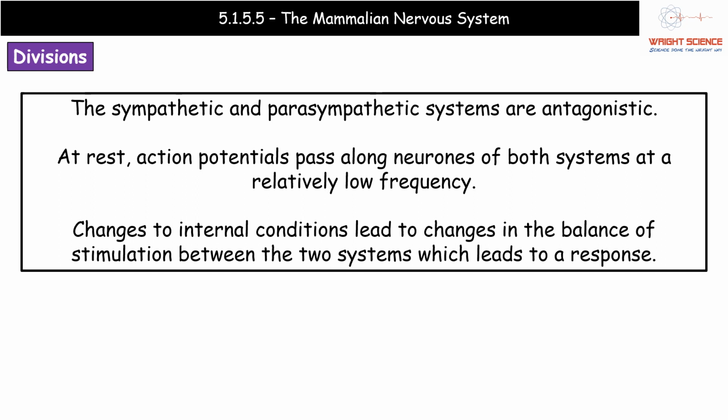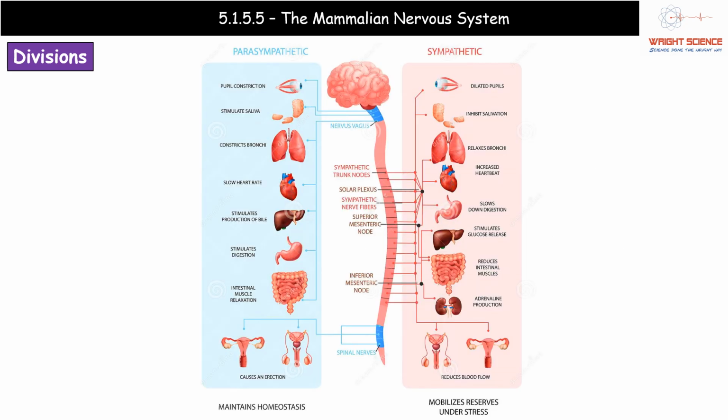If, however, we get a change to some internal condition, that can lead to the change in the balance of stimulation between the sympathetic and the parasympathetic. And because of that, we're then going to get a response. And obviously, depending on which way the balance is in favour, determines what that response would be.